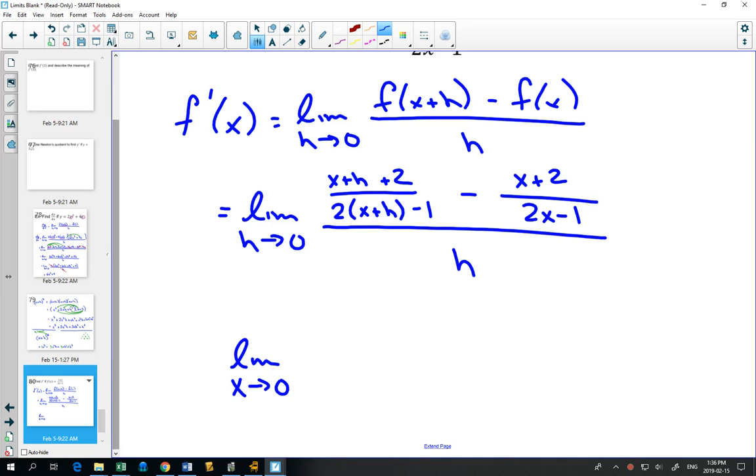To get a common denominator, this first one would need to be multiplied by 2x minus 1, and this one is going to need to be multiplied by 2x plus 2h minus 1.